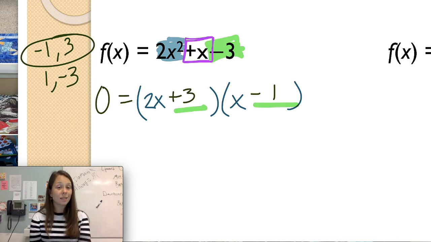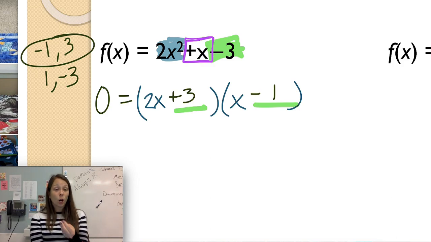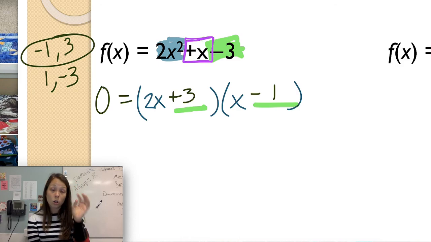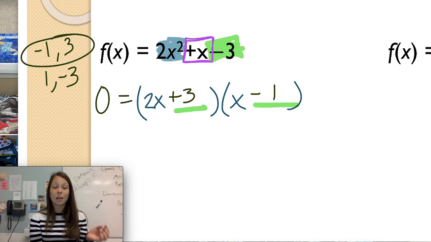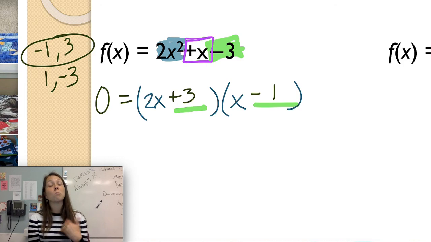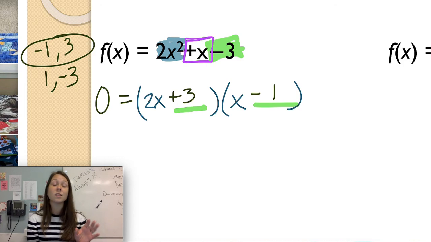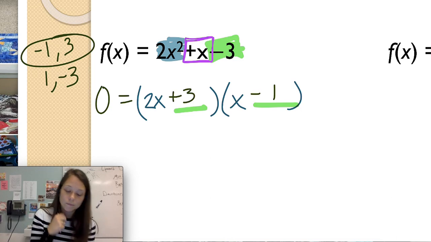I know it's not the sign because when I added those middle terms, I got a really big value of 5x. And that was way too big. If it's just the sign, you're going to notice that you get the number that you need, but it's either negative when it should be positive or positive when it should be negative. So if you're getting a much different number, that means you have the factors in the wrong spot, and we need to switch it around.